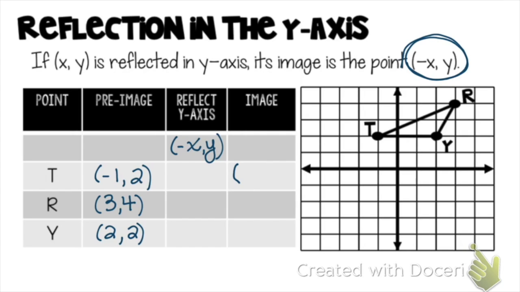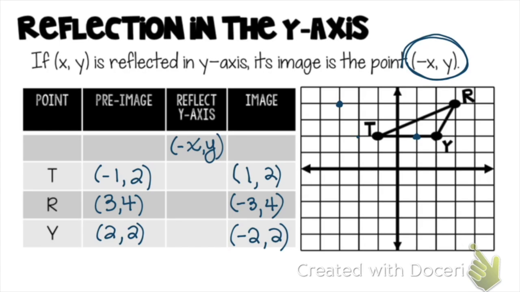So -1 becomes +1, 2 stays the same, +3 becomes -3, 4 stays the same, -2, and 2. So plot the points, 1, 2, -3, 4, and -2, 2.